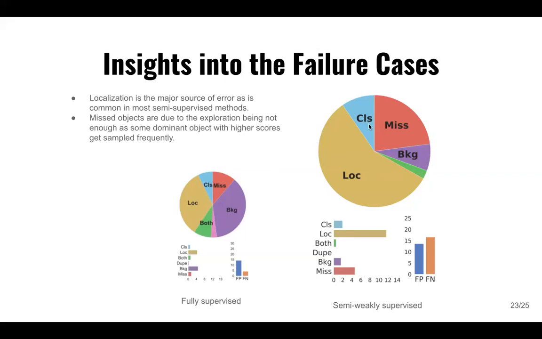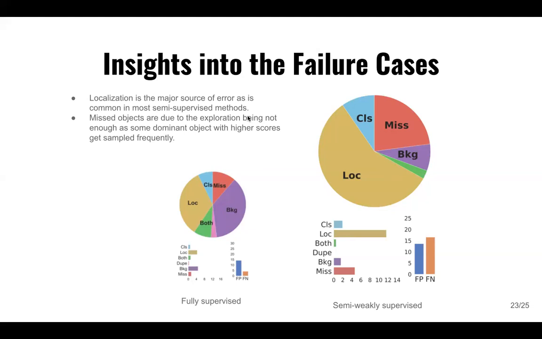And then there is classification error, and confusion with background, and different categories of errors. What we see is that most of our error is from localization, which is quite usual for all these semi-supervised methods. But another interesting observation is that there are a lot of missing locations too in our method.